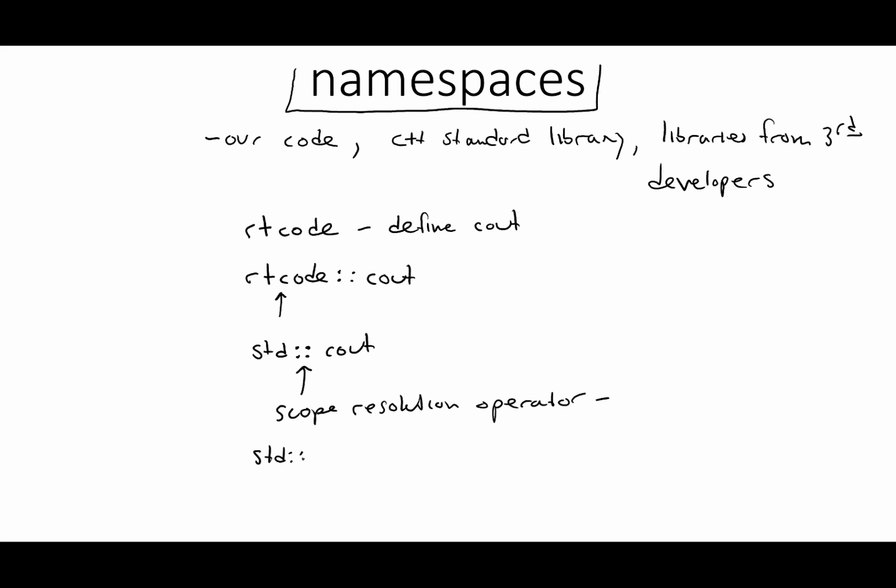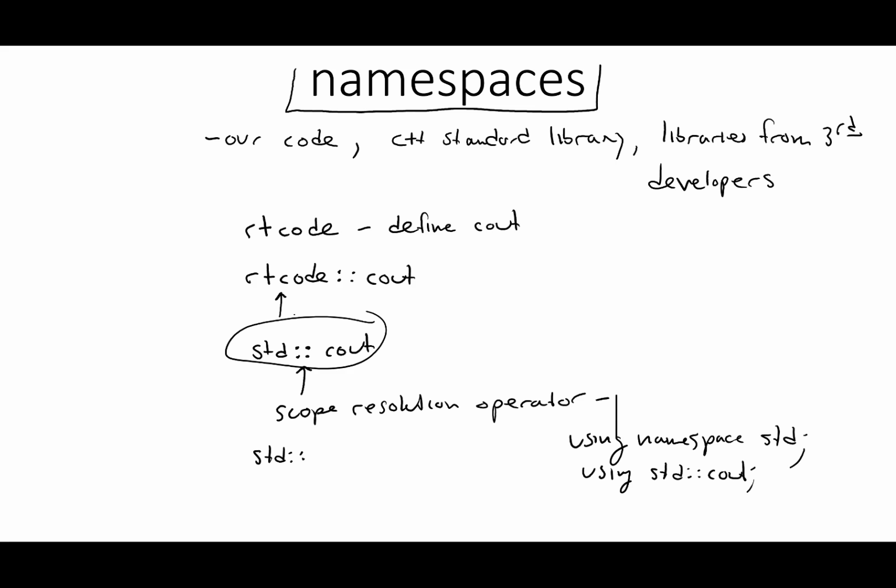That's why people use using namespace std, or they use using std::cout at the top of their program, because then they don't need to type std:: in front of everything that happens to be in that namespace. The problem with this is that it says we're using the entire standard namespace.